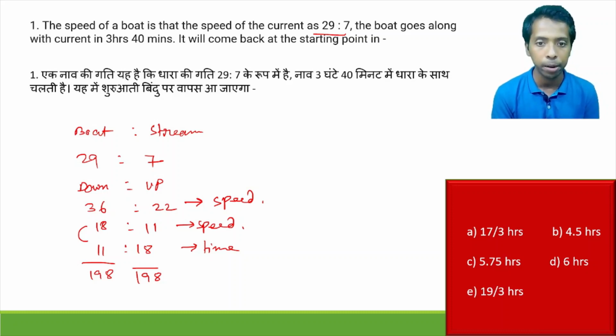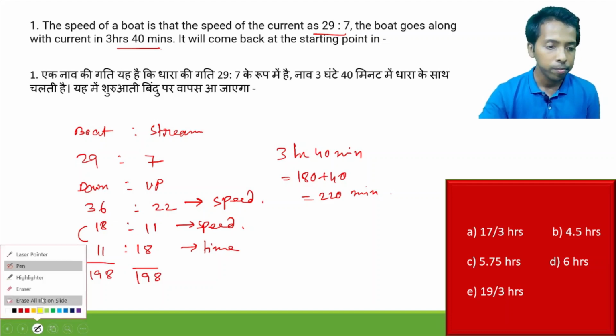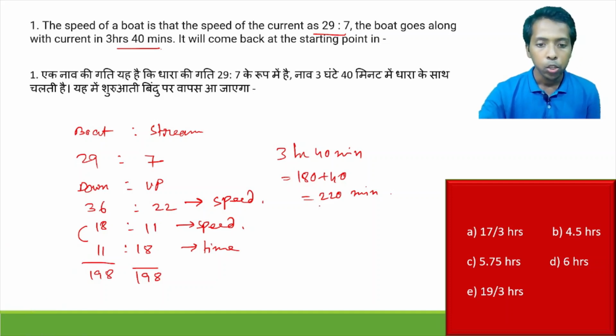Hope it's clear. Now the boat goes along with the current in 3 hours 40 minutes. What does it signify? That is 180 plus 40, that is 220 minutes, right? Now this 220 minutes is for along with the current.